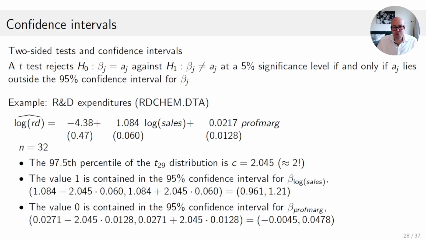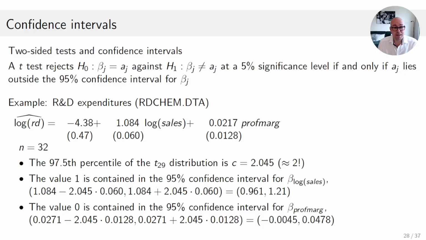How is this related to two-sided tests? A t-test is testing the null that beta j is equal to aj against the alternative that beta j is not equal to aj at a 5% significance level, and rejects the null if and only if aj lies outside the 95% confidence interval for beta j.